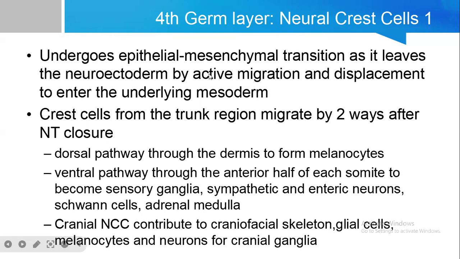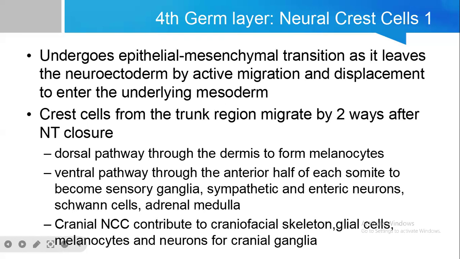And when they undergo this mesenchymal transition, they are going to migrate and they're going to reside in the underlying mesoderm. Remember, it's ectoderm, mesoderm, endoderm. So these cells are going to what? To migrate and reside in the underlying mesoderm.